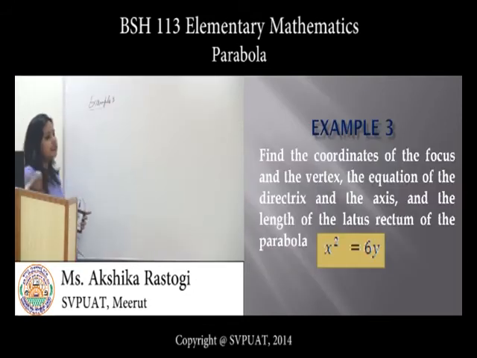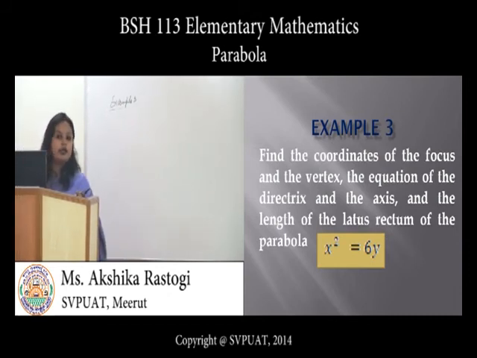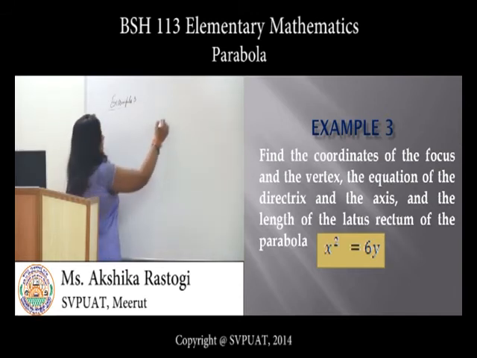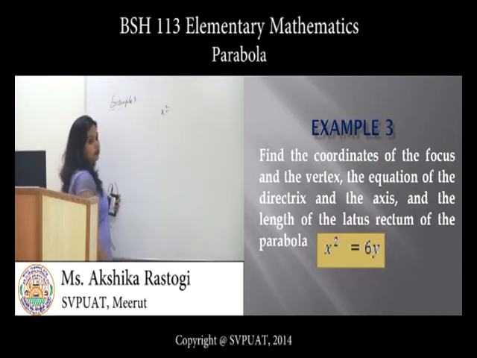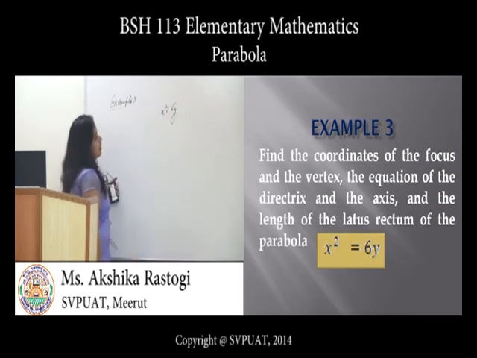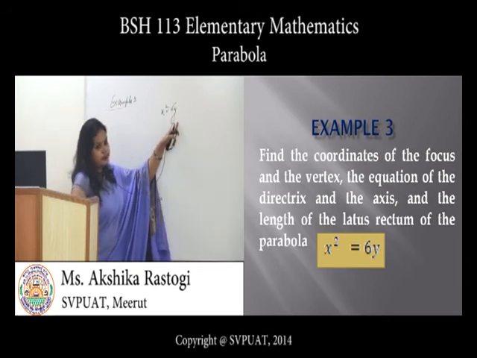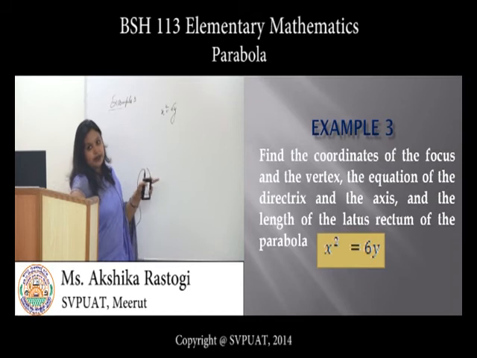Only the equation of the parabola is changed, otherwise we have to find all the things that we calculated in earlier examples. We have to find the focus, the vertex, the equation of the directrix, the axis and the length of the latus rectum. Now the parabola given in this example is x square equals 6y. The coefficient here is of y and there is a positive sign.